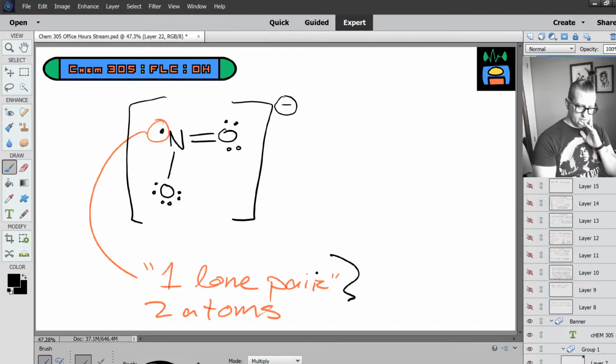So together, we're dealing with three electron groups.